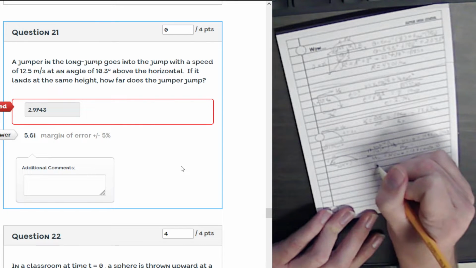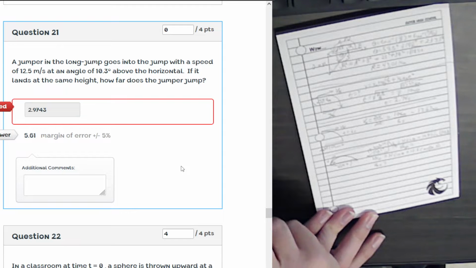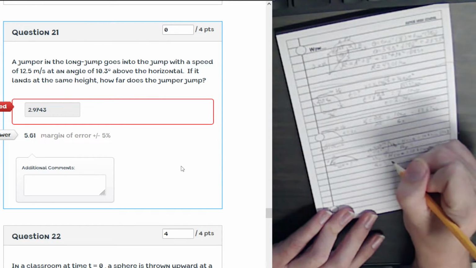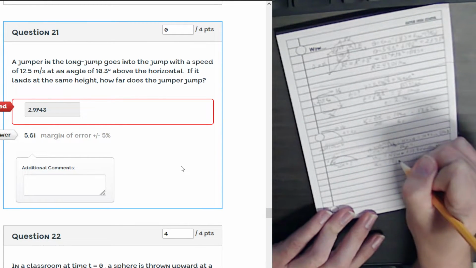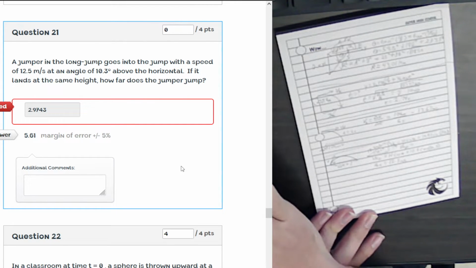So V naught x is 12.5 times cosine of 10.3. So 12.3 meters per second. And then now we do the same thing but with sine.